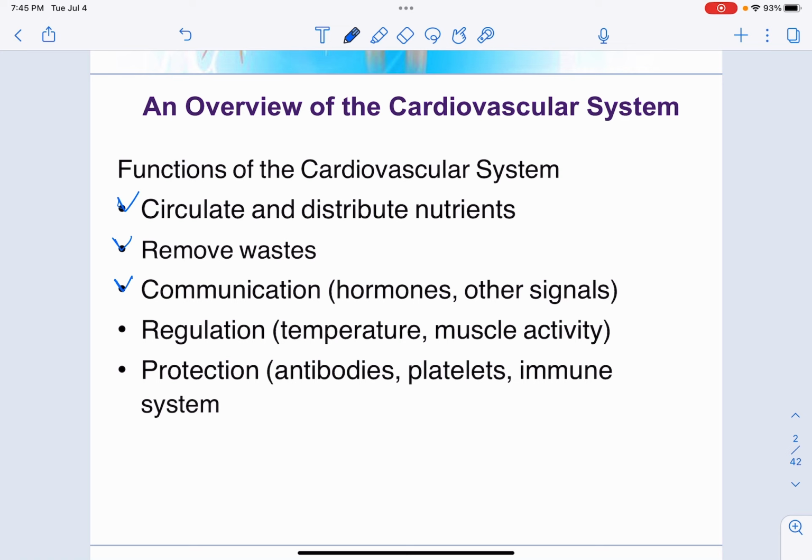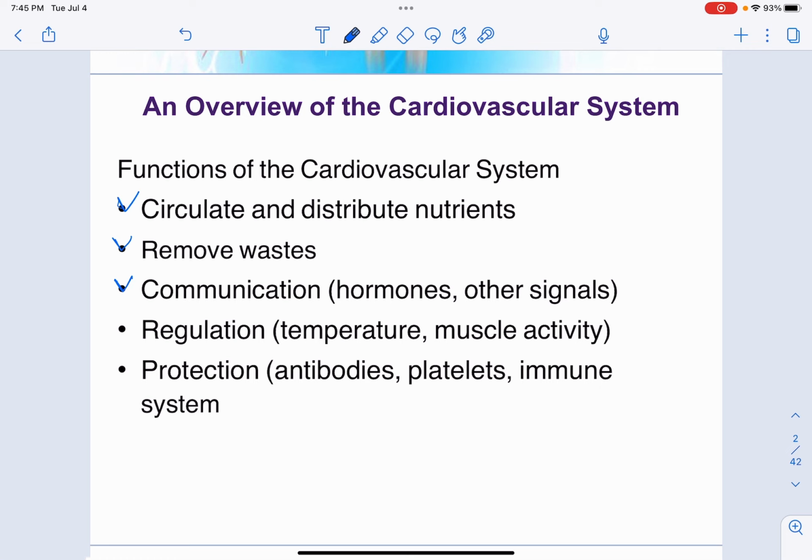It does this by constricting or dilating vessels. So when you start to exercise, for example, and you're going up the stairs, you're going to engage your quads. And you will get an increase in blood supply to the muscles that need it the most.